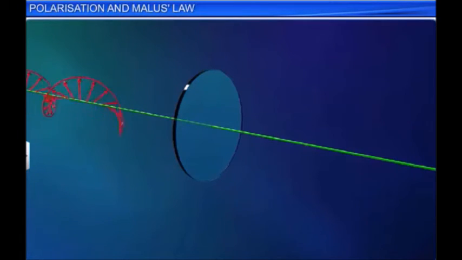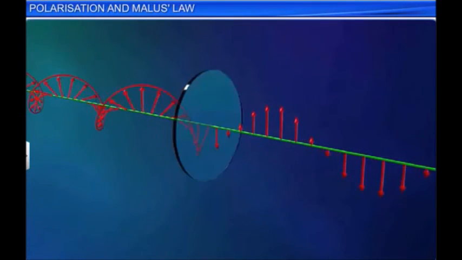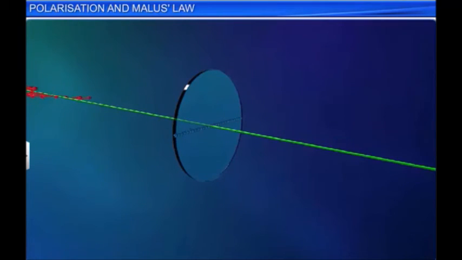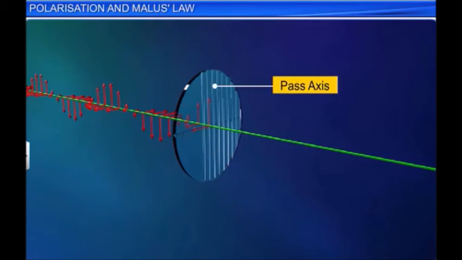An unpolarized light can be converted into plane polarized light using Polaroids. A Polaroid consists of a long chain of molecules aligned in a particular direction. The components of the electric vector of the incident light, which are in the direction of the aligned molecules, get absorbed. The direction perpendicular to the direction of aligned molecules is known as the pass axis.